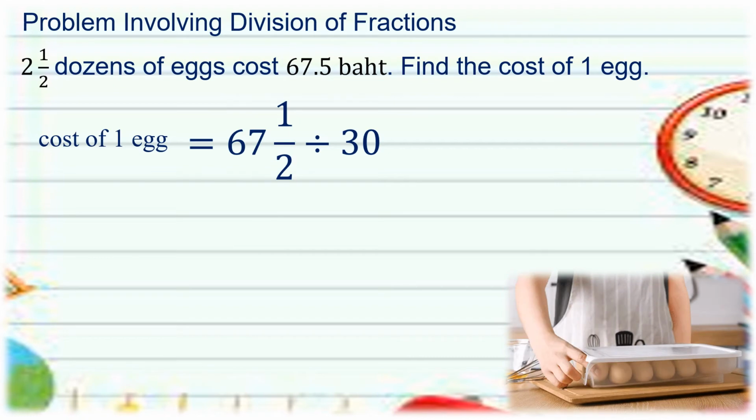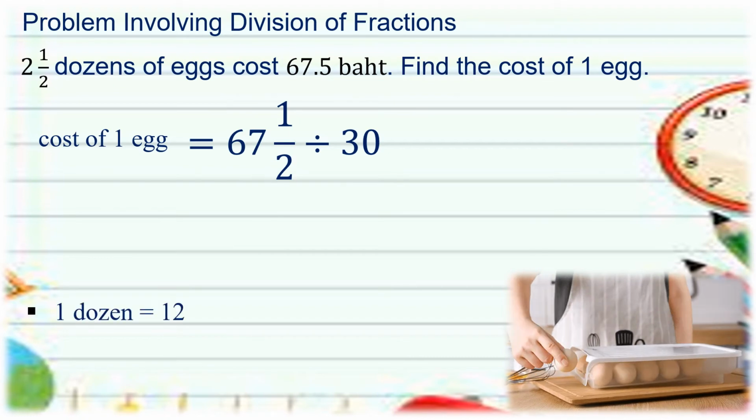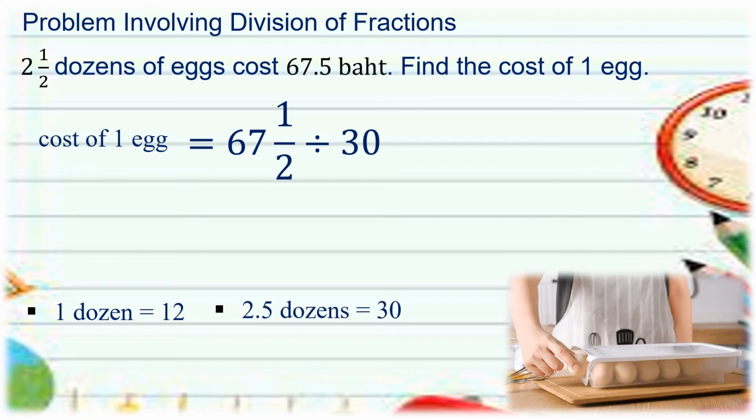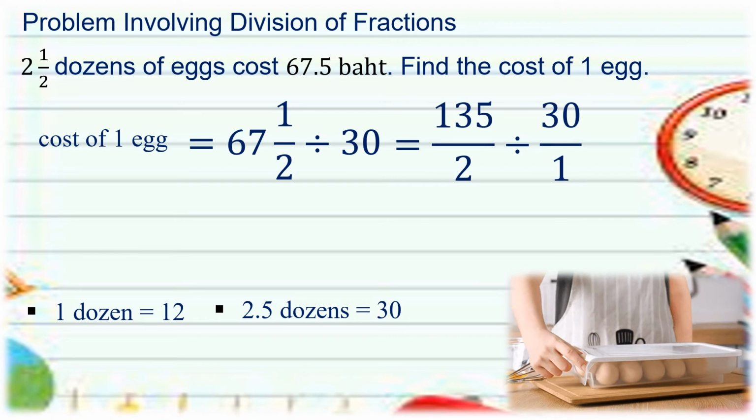Why 30? Because we all know that 1 dozen is equal to 12. So therefore, if we have 2.5 dozens, it would be equal to 30. So in doing this, we are going to convert 67 and 1/2 to an improper fraction, which is equal to 135 over 2.